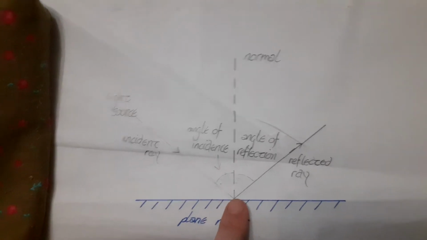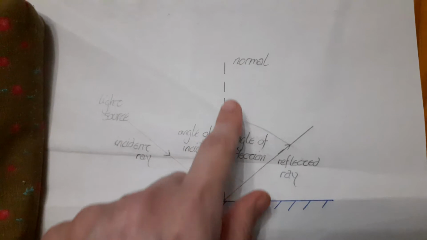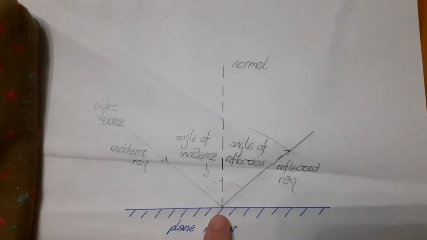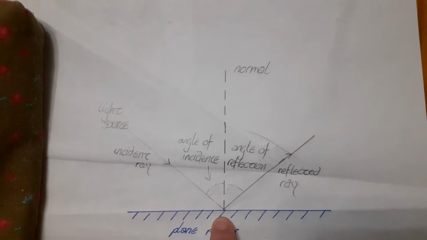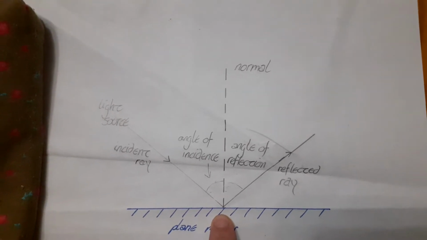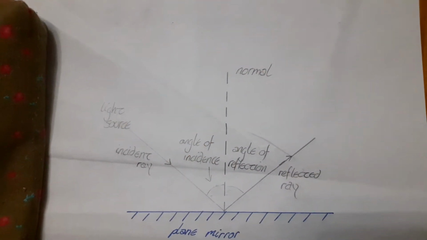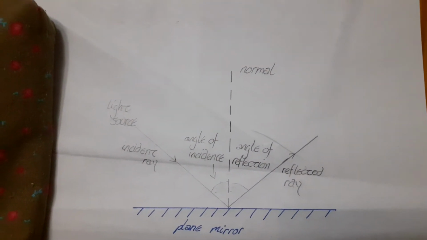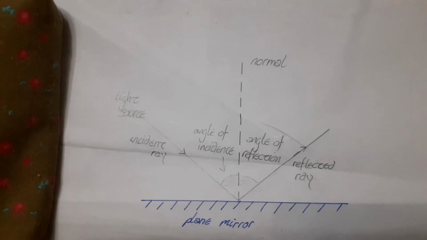Okay, and at 90 degrees to our mirror, we've got something that you can't normally see. Okay, it is an imaginary line, and it is imaginary, and we call it after something else imaginary, which is the normal. Okay, so if anyone asks you about normal, you now know what it is. The normal is an imaginary line in physics, in science.